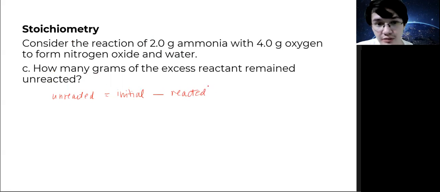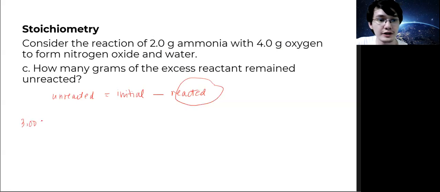To determine the reacted, we make use of what was produced by the limiting reactant. So 3 grams NO.